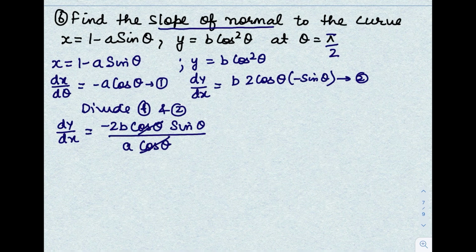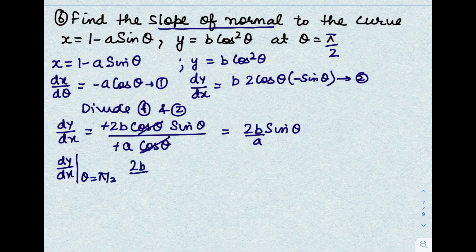So you are left with, minus by minus cancels, 2b upon a into sin theta. So dy by dx, in this question theta is given as pi by 2. So it becomes 2b by a and sin pi by 2. We replaced theta with pi by 2. So sin 90 is 1.